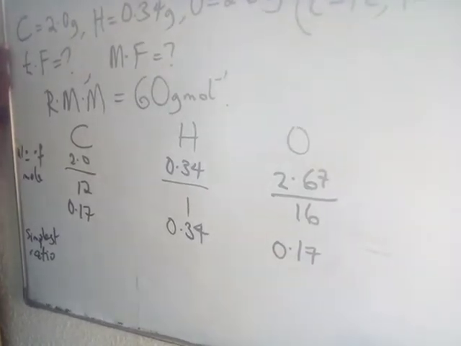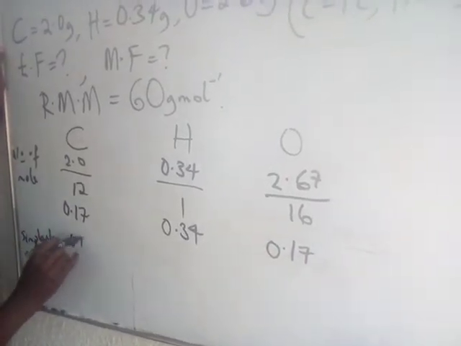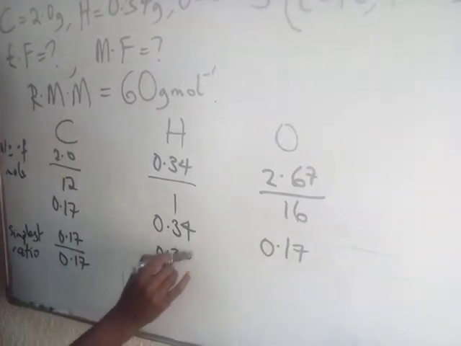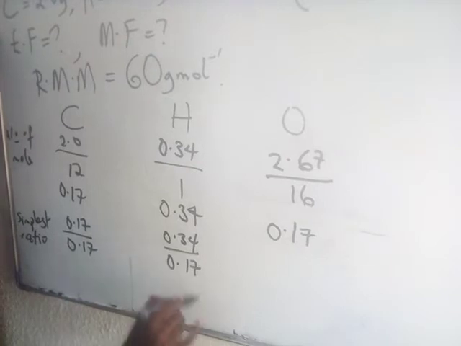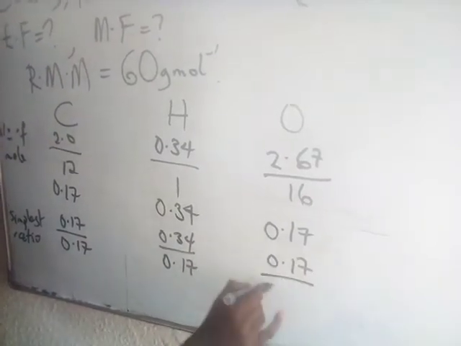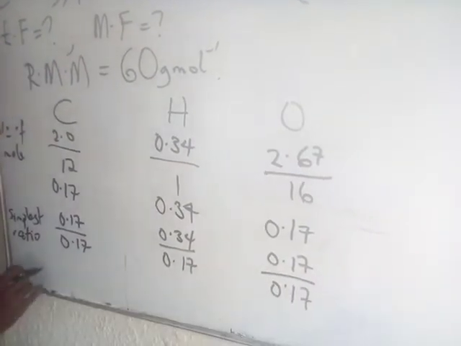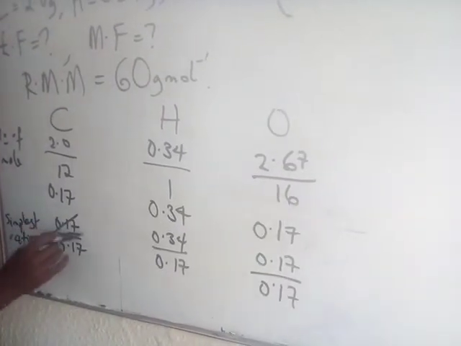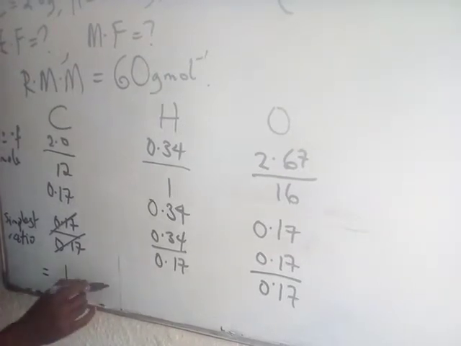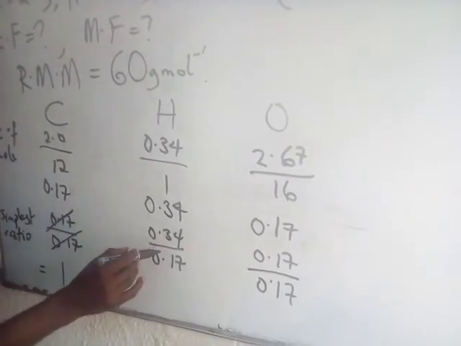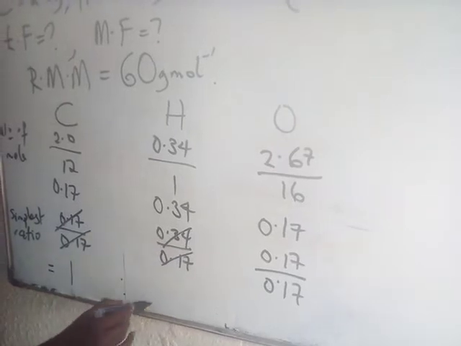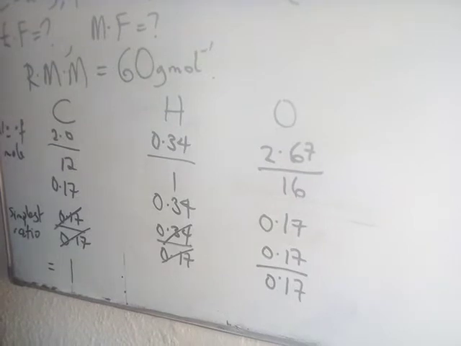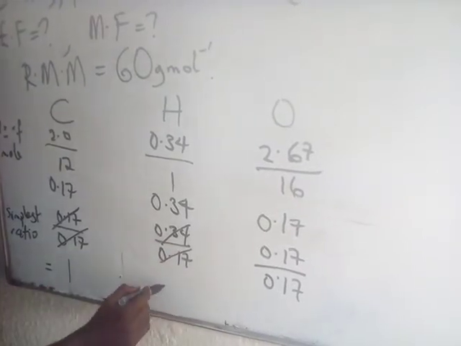Do you understand? So you are going to say 0.17 divided by 0.17, 0.34 divided by 0.17, and 0.17 divided by 0.17. What is your result, please? So this cancels this. You have what? 1. Yes. This is 2. Is it exactly 2? Now, if it is in decimal, you have to approximate to the nearest whole number. So what do you have? 2.